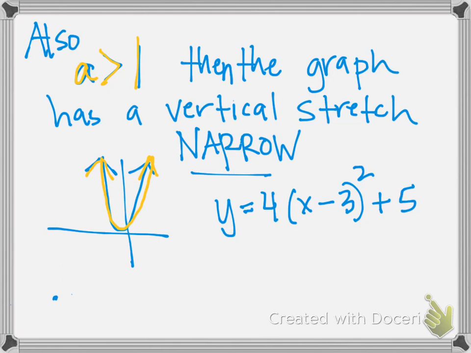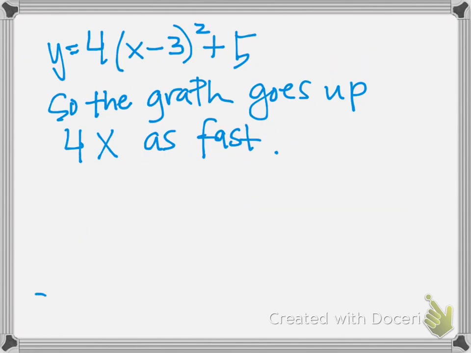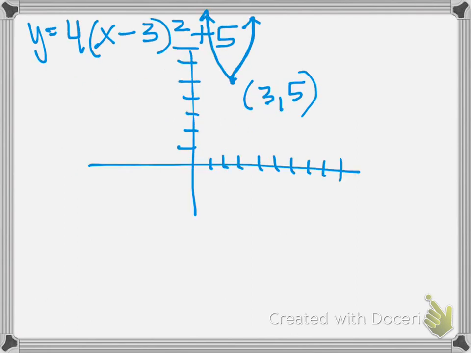I kind of think of it like slope. So this graph would be more narrow, or it goes up 4 times as fast. So this graph, the vertex was 3, 5. 3, because that would make that 0, and 5, because it's up 5. And then the 4 would make it narrow.